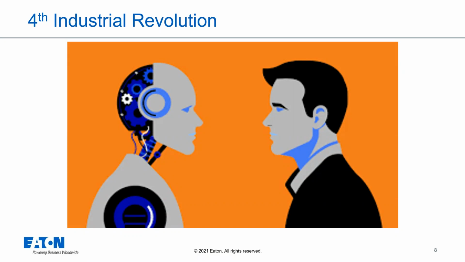So I thought this was pretty cool because it shows a human interacting with what seems to be like an android, right? And you would think that, if you listen to the media and you read certain publications, we're pretty close to that. We're not.